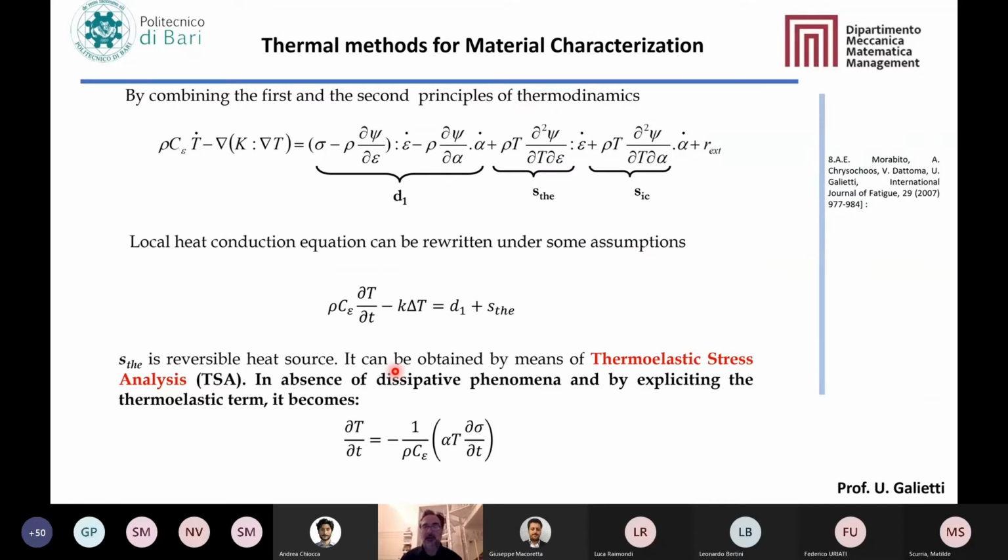I'm here to propose, or at least to introduce, some new advances in terms of thermal methods for material characterization. So what's happening when we perform a fatigue test? The temperature of the solid body will change because there is a heat exchange, and also because there is energy dissipation due to the fact that we are damaging the material.